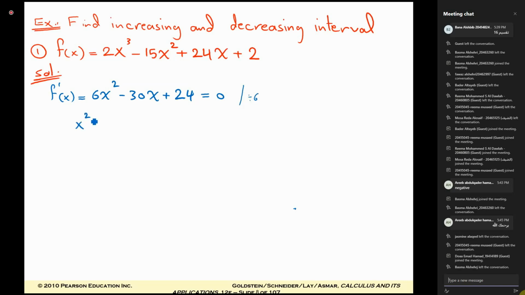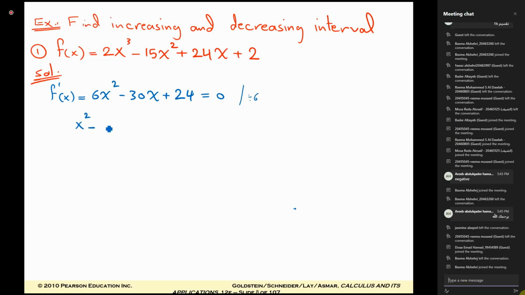We have x squared minus 5x plus 4 equals 0. This is the quadratic equation. Solve it by any way: by quadratic formula, by calculator, by factorization, or completing the square.